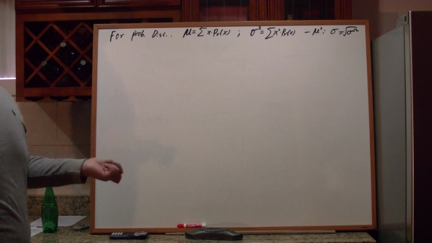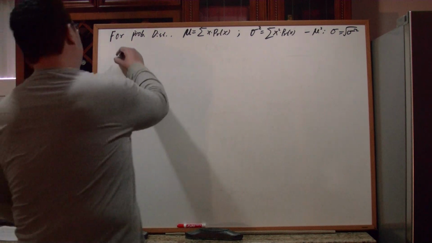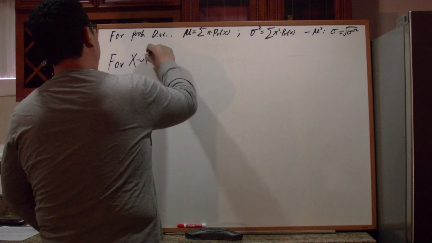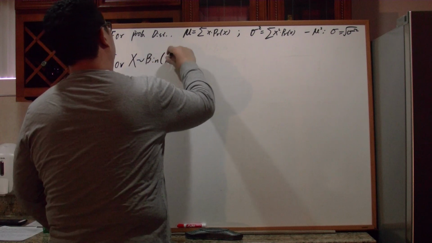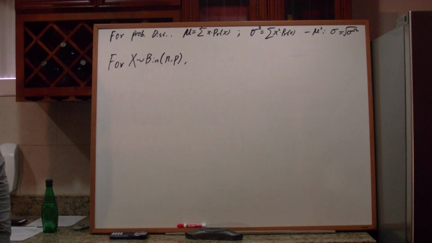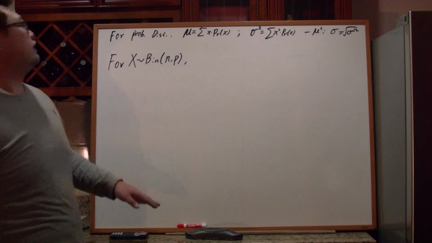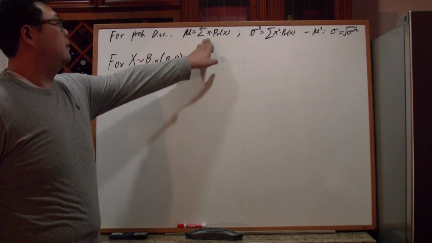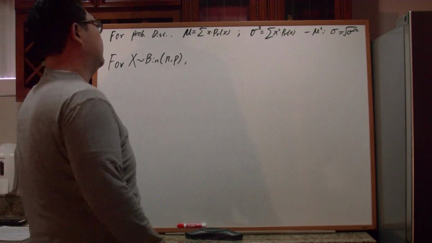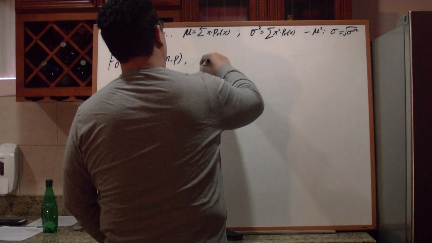So therefore, for the binomial distribution, to find the mean, variance, and standard deviation, we have a special formula. Right? It was developed from the original formulas, but the result is pretty simple.